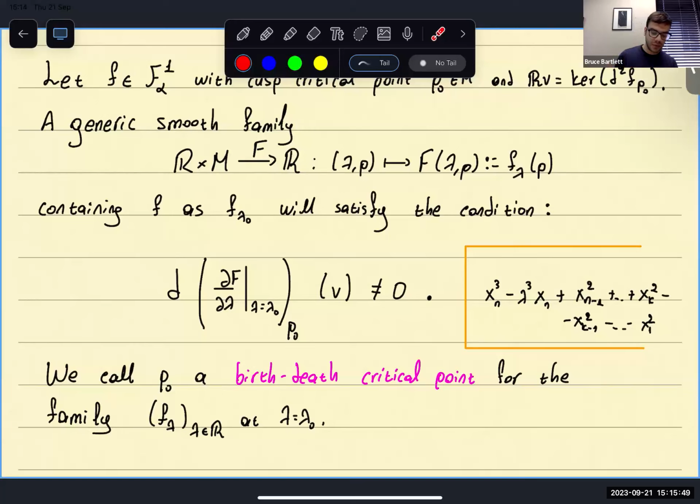It's a condition that involves the partial derivative in the lambda direction.